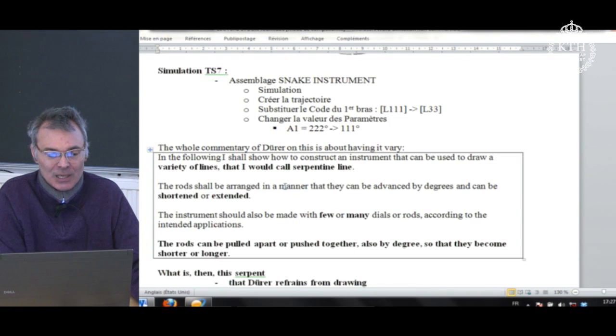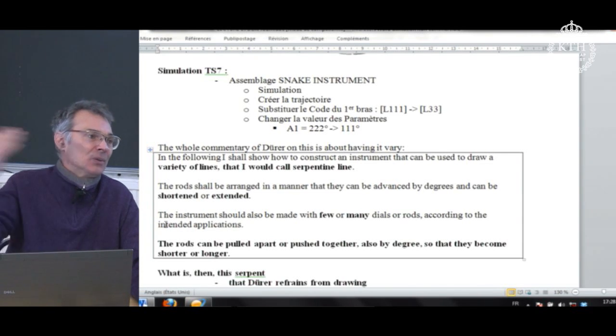The rods shall be arranged in a manner that they can be advanced by degree and can be shortened or extended. The instrument should also be made with few or many dials or rods, according to the intended applications."